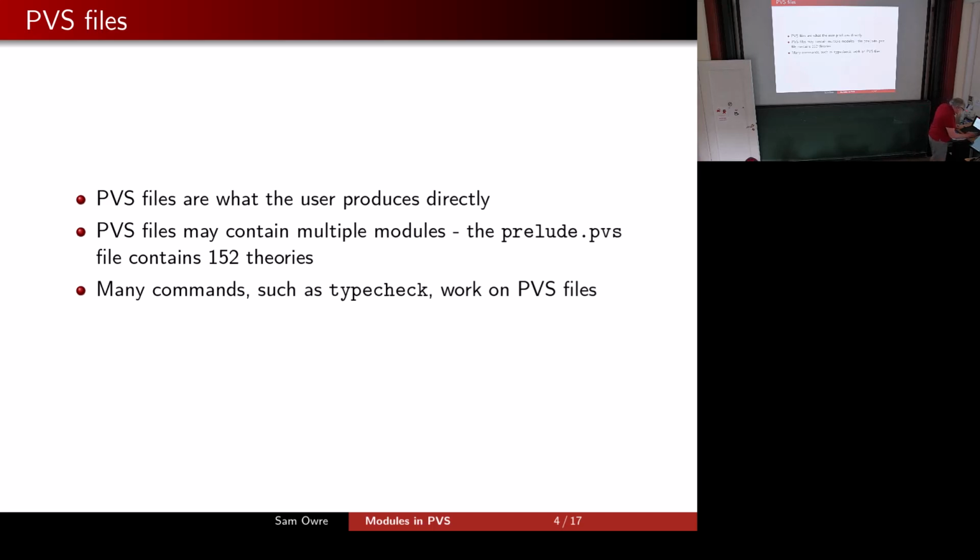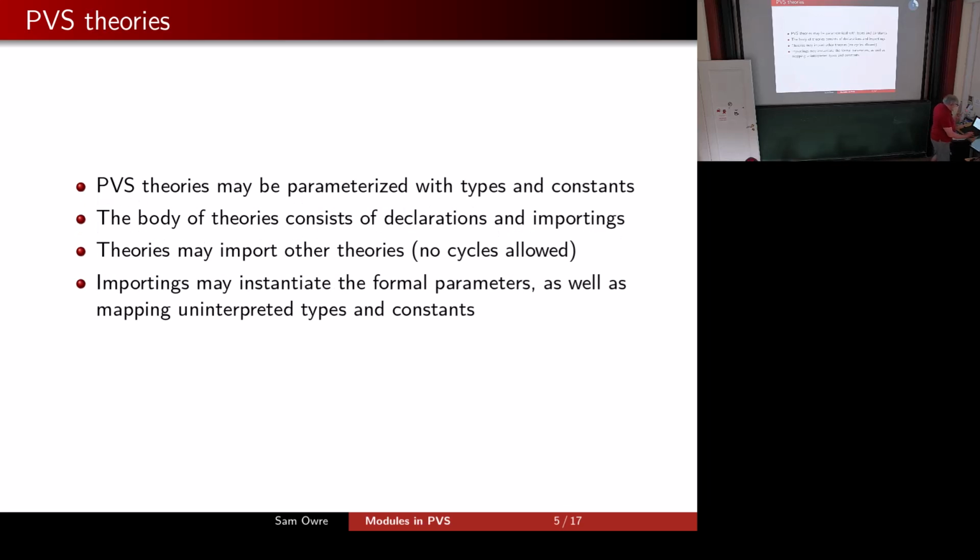And there's lots of those. So theories may be parameterized with types and constants. The bodies consist generally of declarations and importings. There's other things like judgments and conversions and things like that. Theories may import other theories, although you're not allowed to be cyclic in that.